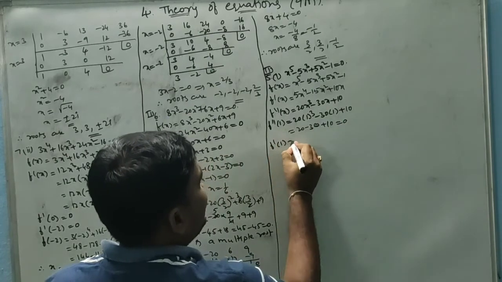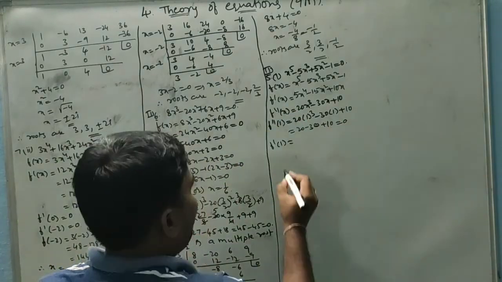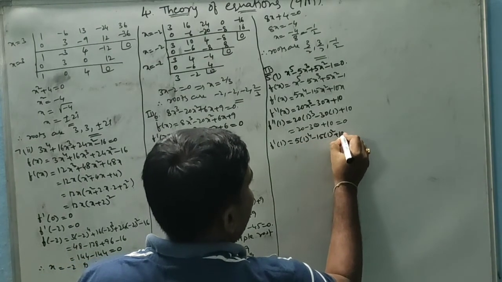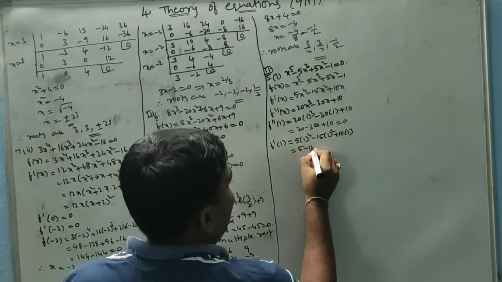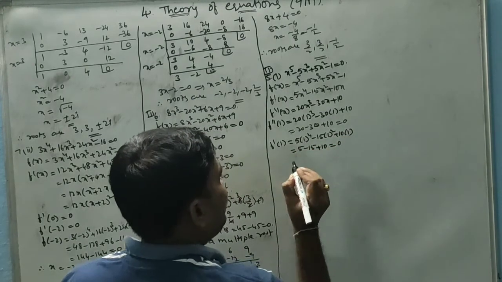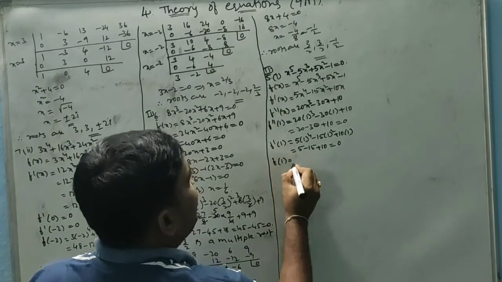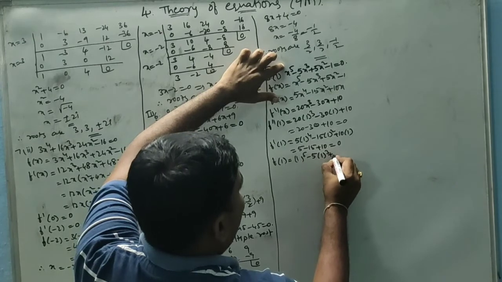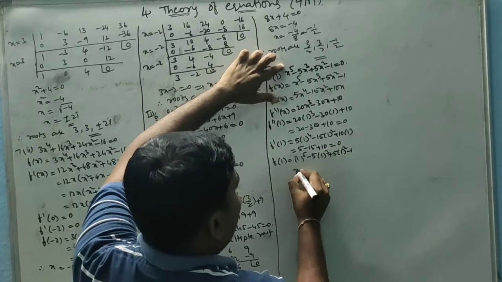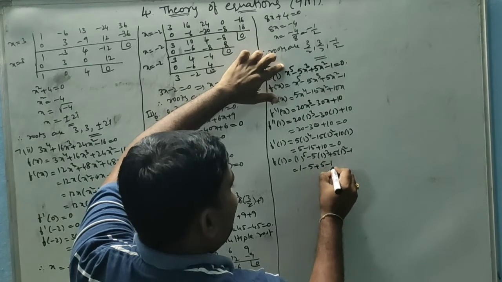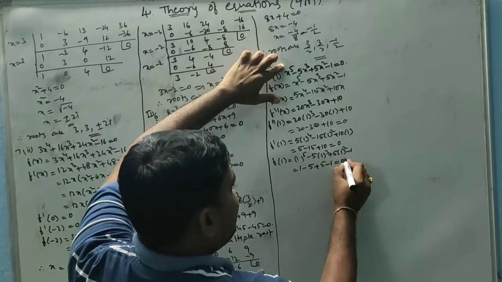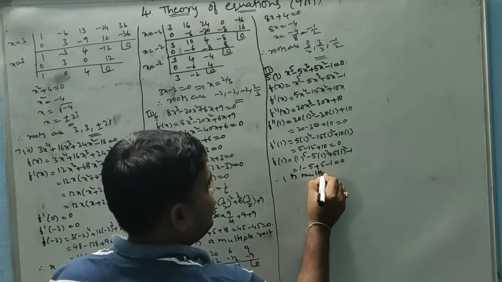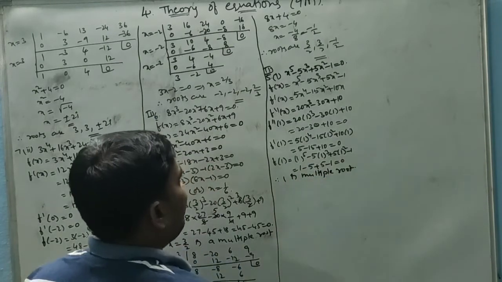Now I substitute in f′(1) = 5(1)⁴ − 15(1)² + 10(1) = 5 − 15 + 10, which is also equal to 0. f(1) = 1⁵ − 5(1)³ + 5(1)² − 1 = 1 − 5 + 5 − 1; 1 cancels, 5 cancels, 0. Therefore 1 is a multiple root.